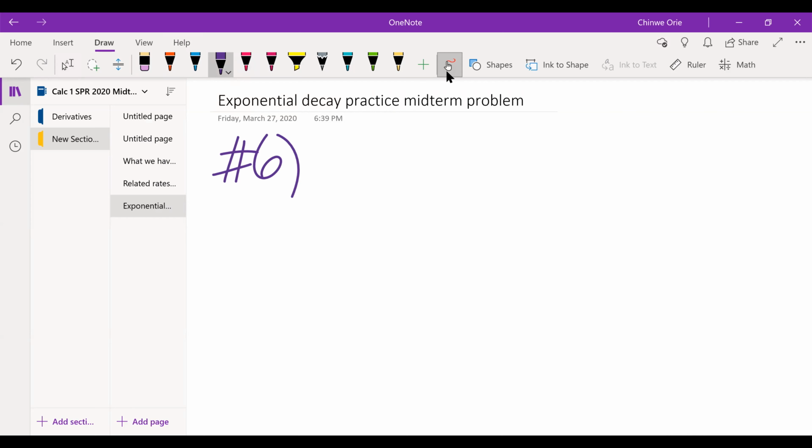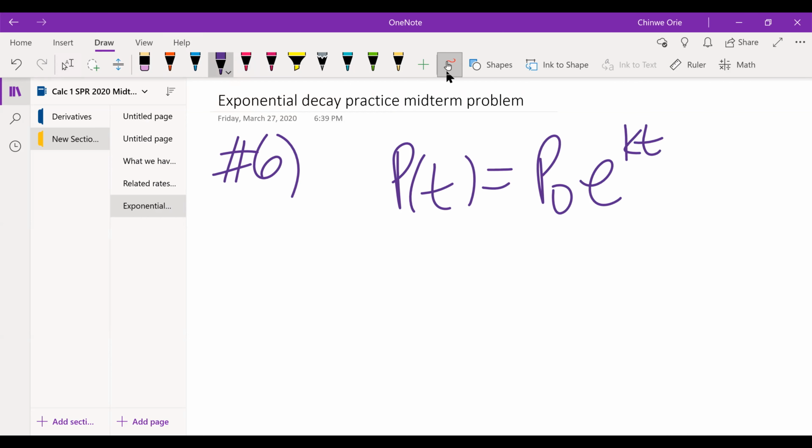The formula is P of t equals P naught, the constant, times e to the kt. This is the initial amount.